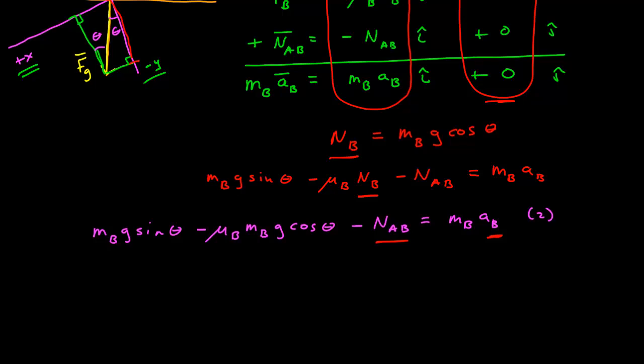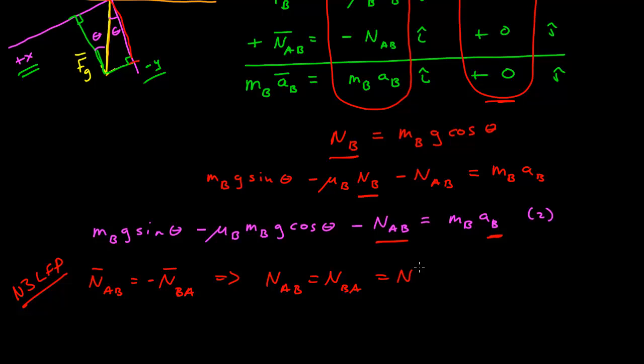And so I know that the normal force of A on B is equal to negative the normal force of B on A. That tells me that their magnitudes are equal: normal AB is equal to normal BA, which is equal to the normal force.